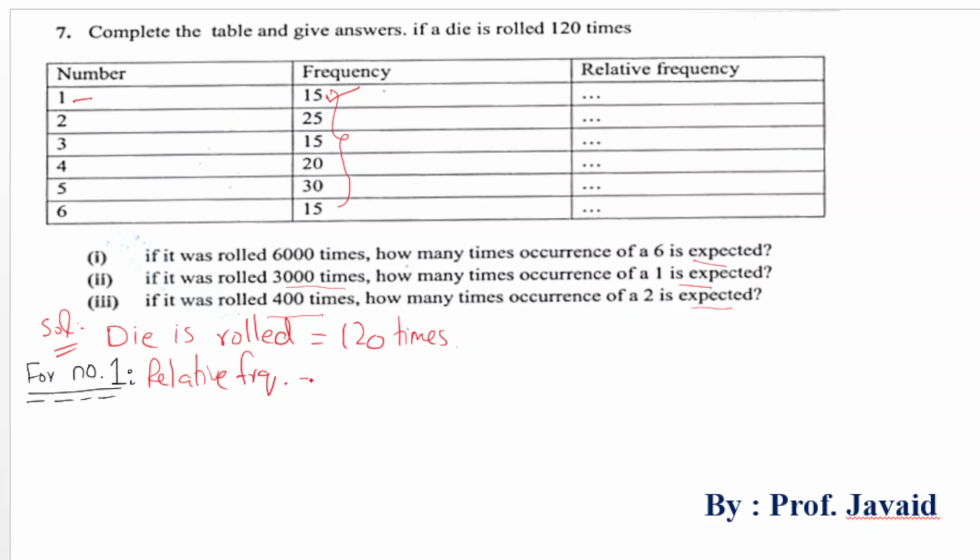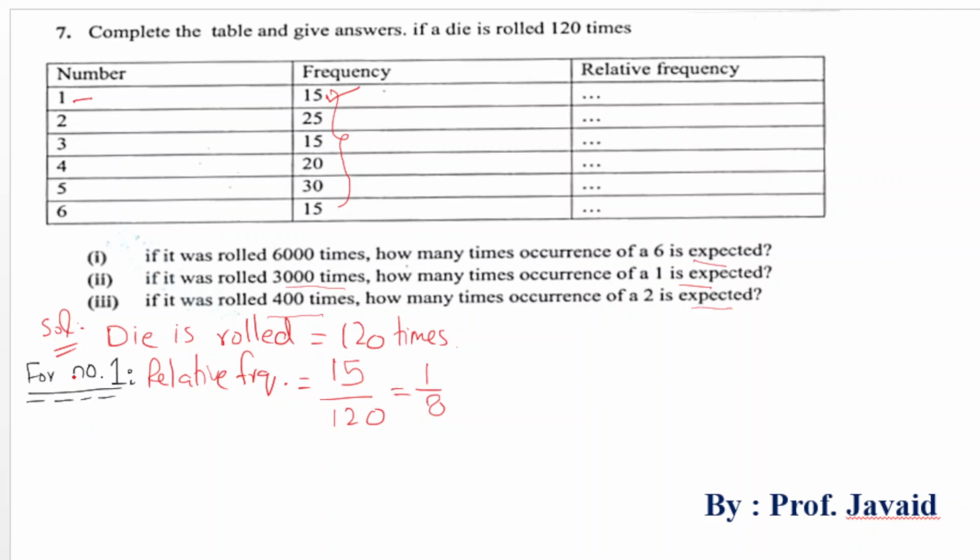So relative frequency is equal to 15, the favorable outcome, over the total 120. After simplifying that will be 1 over 8.